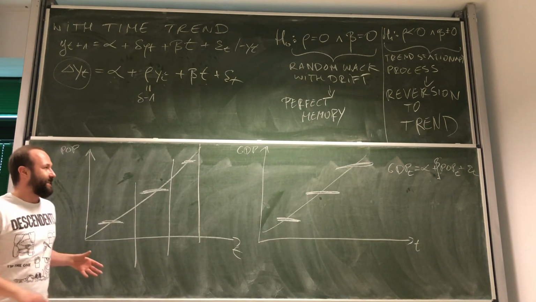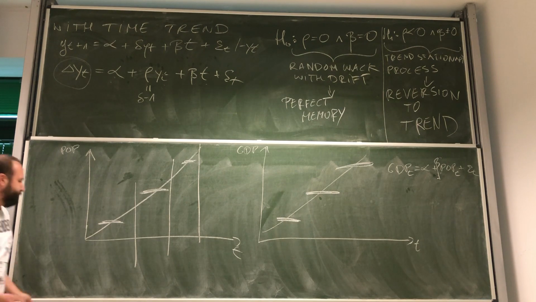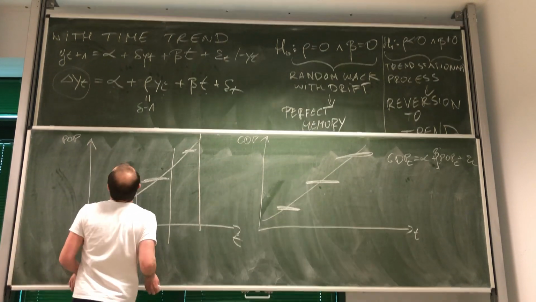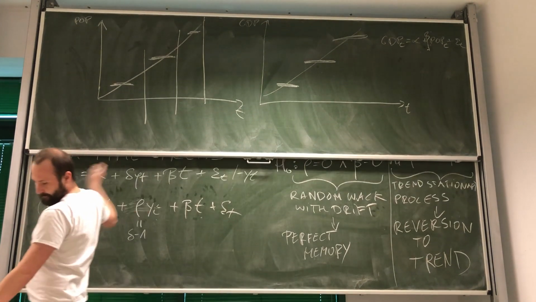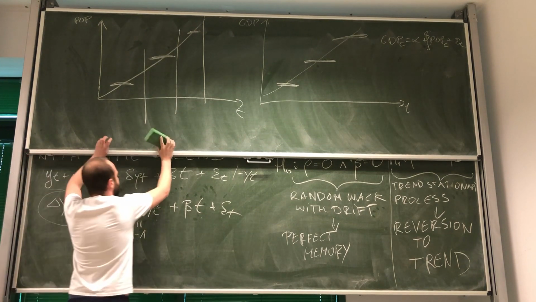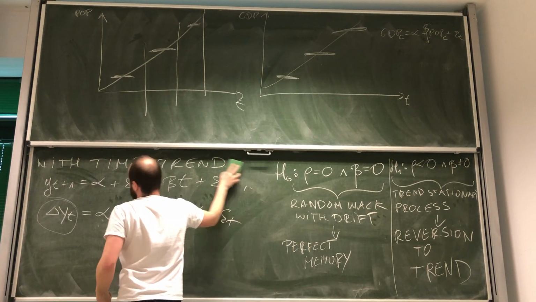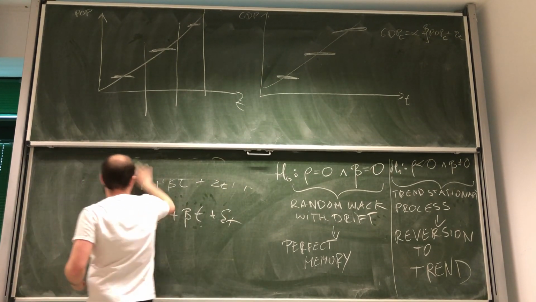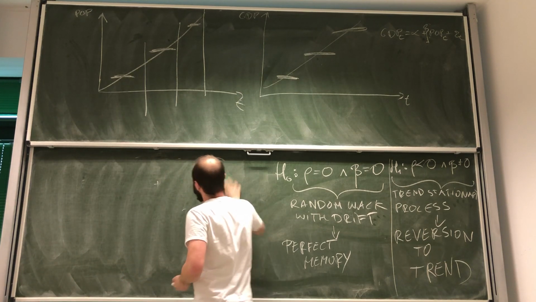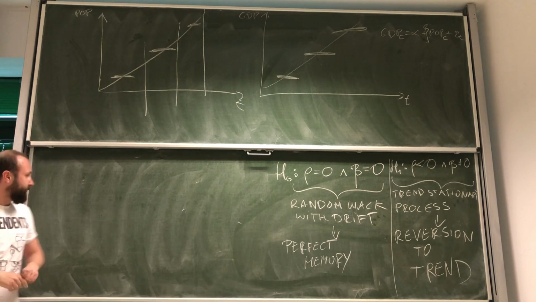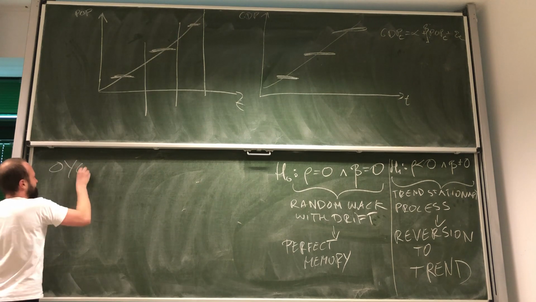Generally, idea goes like this. If we have random walk process, right, with drift, it works like this.